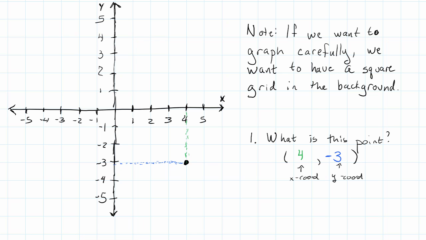Why do we go up and down when we want to see the x-coordinate? We want to go to the x-axis without moving left or right. Similarly, why do we want to go left or right when we want to find out what the y-coordinate is? We want to go to the y-axis without moving up or down.